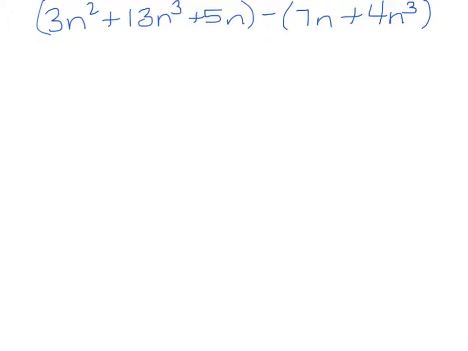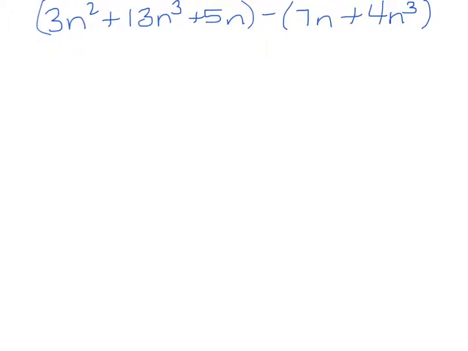So my advice to you would be make it obvious to yourself by distributing. This minus sign is outside of this parentheses, which means that you could actually distribute this subtraction symbol to both the 7n and to the 4n cubed.